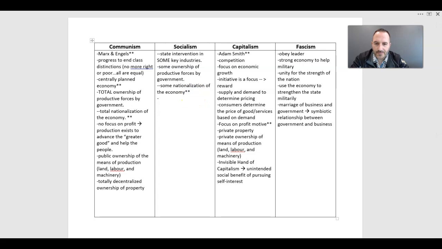Let's put under socialism, some decentralization of ownership of property. And then under capitalism, what we want to put here is the idea of total centralization of ownership of property.